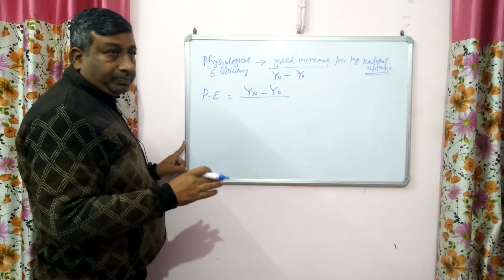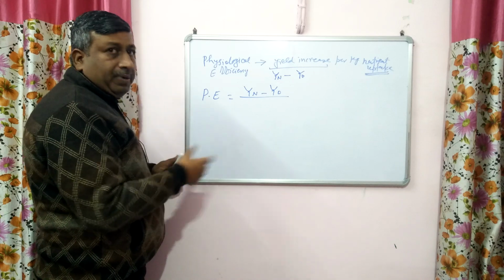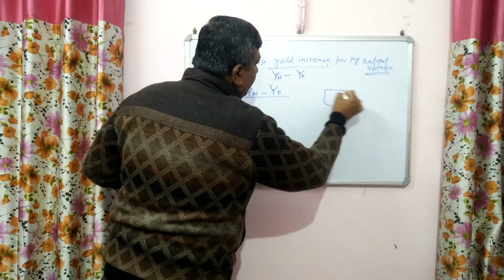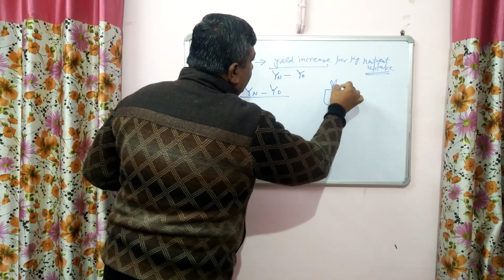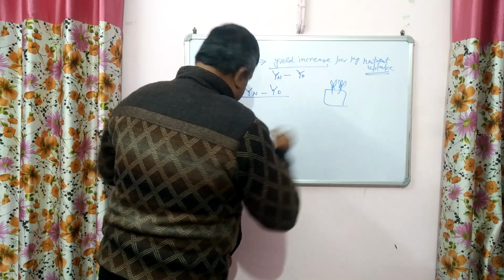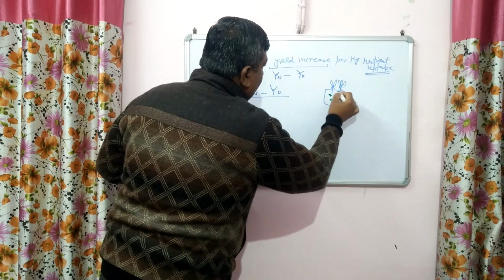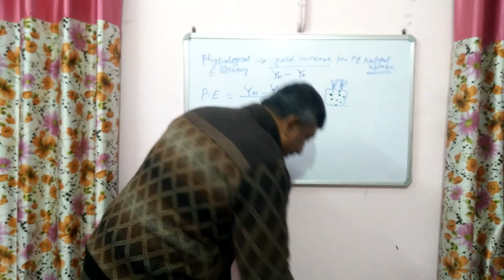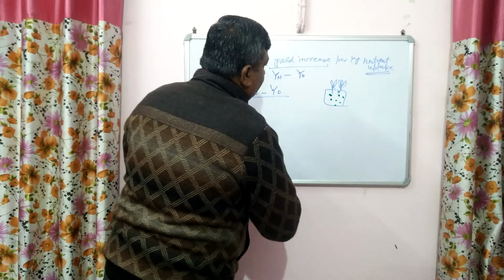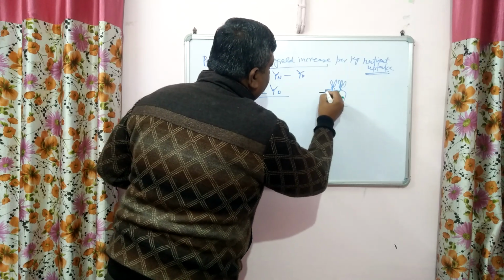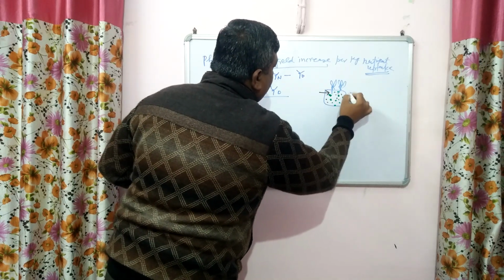Now here, when crop uptake is there in the field, crop is there, and in the crop the nutrients from soil are absorbed and the nutrients from the fertilizers, from fertilizer.